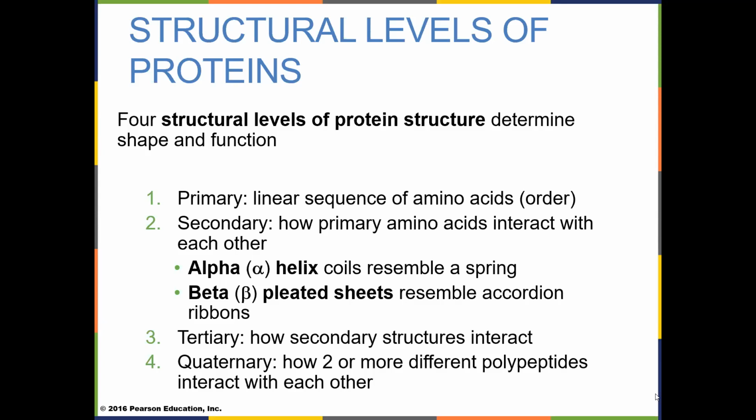So now a protein isn't just going to have alpha helix coils or pleated sheets. They're going to have mixed combinations of both. They form what's known as a tertiary structure, where we have multiple occurrences of these alpha helix and pleated sheets.